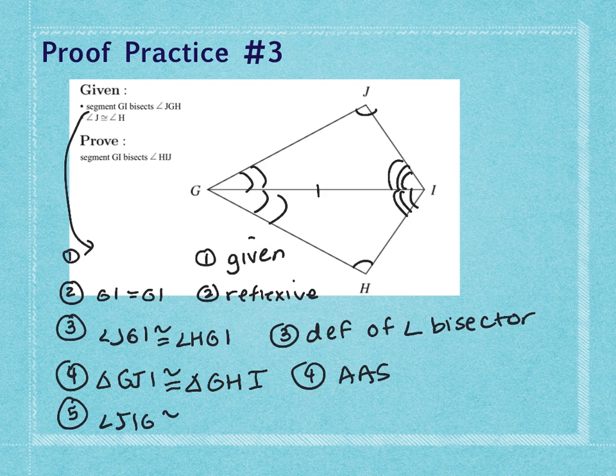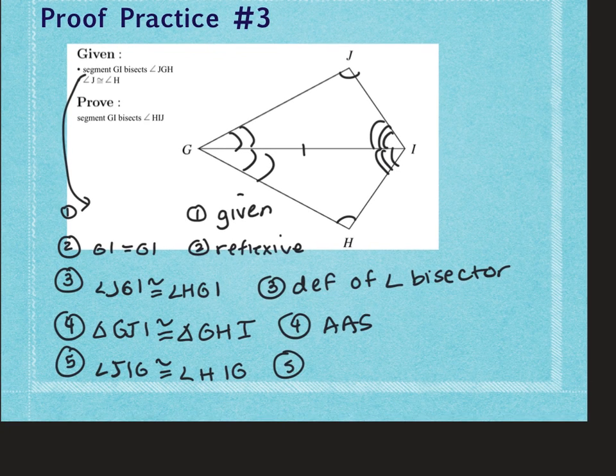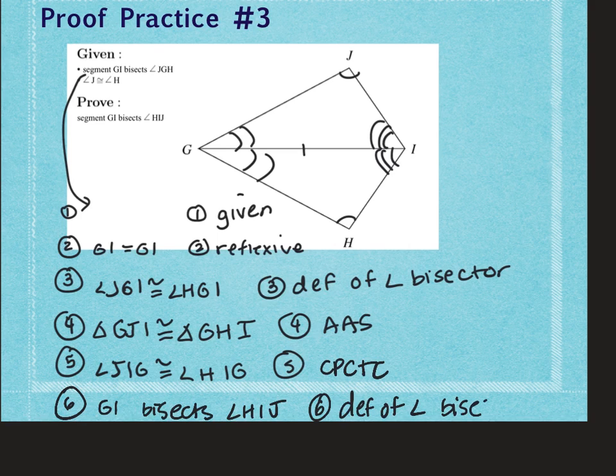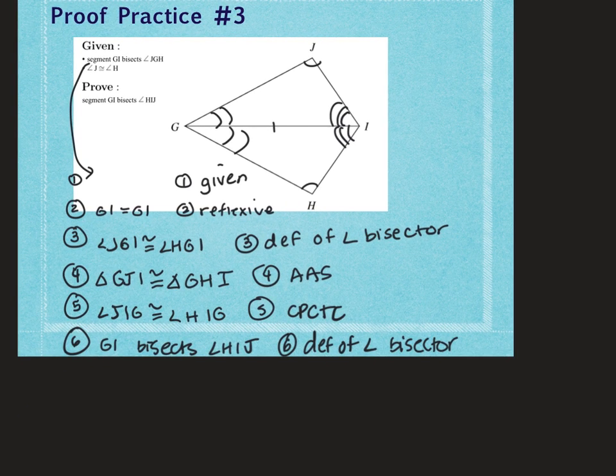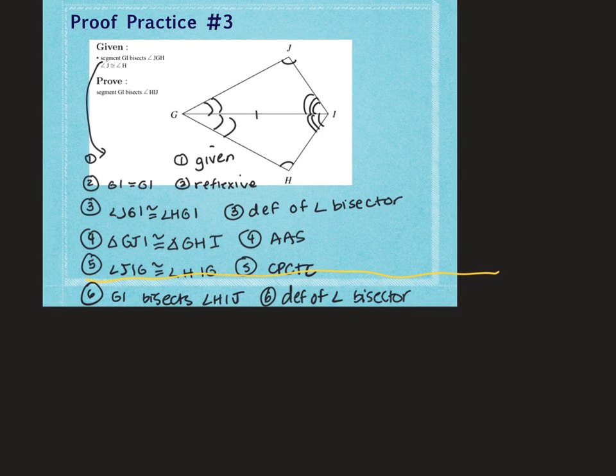So then this one, good. Angle bisector's definition. You just can. So you actually, on this one, once you said the angles are congruent, these two, you could have said CPCTC, or you could have said third angles.